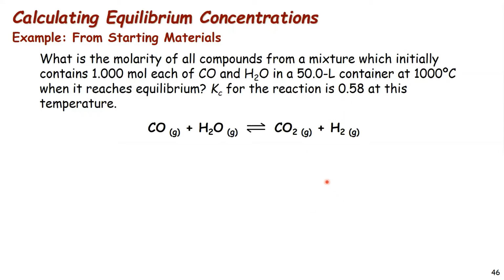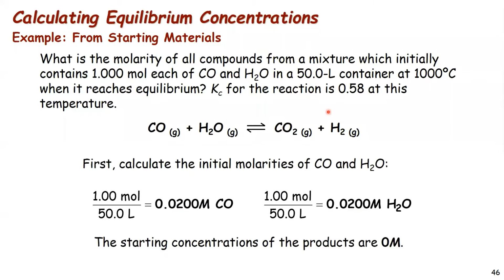Those ICE tables are going to contain the initial concentration. So I need to first find out what are the initial concentrations of my reactants. Both of them were 1 mole, divided by 50 liters because we want to get that in terms of molarity. So that's going to be 0.02 molar for the carbon monoxide and 0.02 molar for the water vapor. And again, we always assume that we're starting off with a clean reaction vessel.